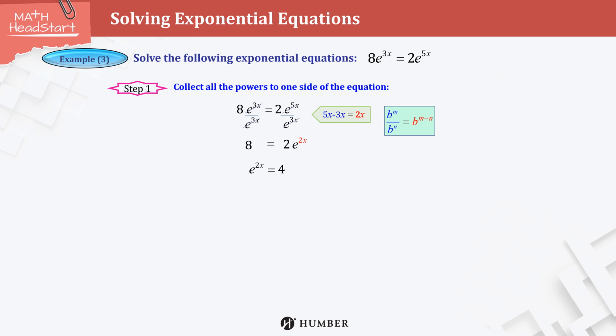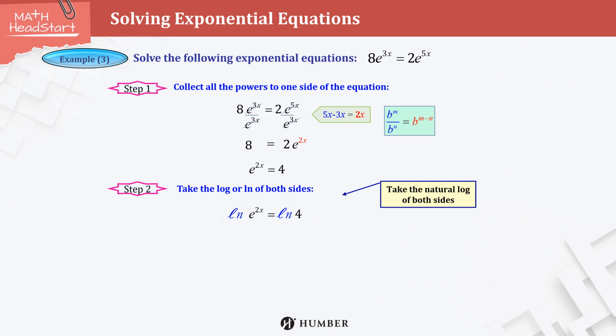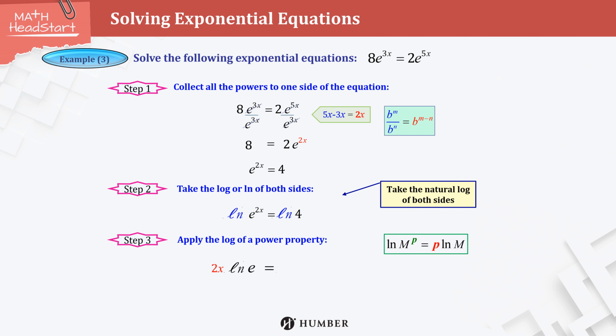We take the logarithm of both sides this time. As we can see the base e, we take the natural log ln for this situation. Using the power rule of log properties, we can rewrite the left side as 2x times ln e equals ln of 4.